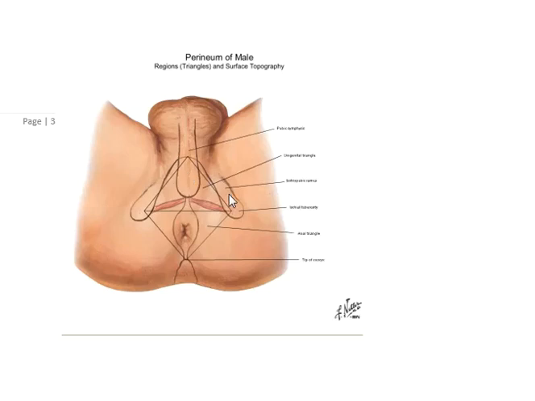The ischiopubic ramus and sacrotuberous ligament, tip of the coccyx and symphysis of the pubis make the borders and the axis of this triangle or diamond.